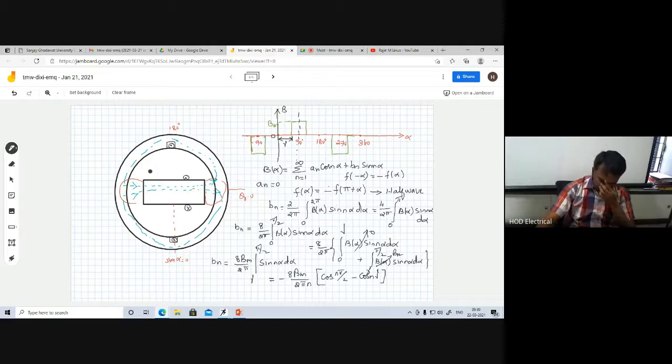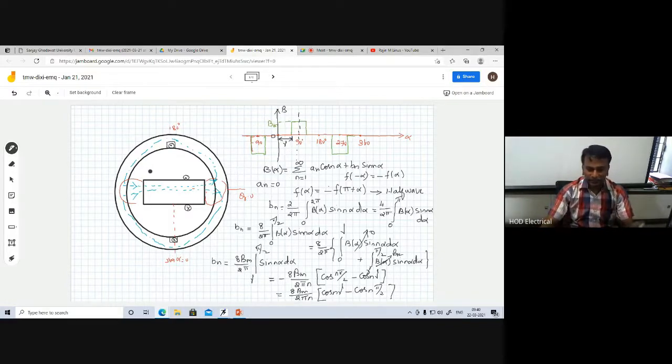If you take this minus inside, we get 8 Bm by 2 pi n into cos of n gamma minus cos n pi by 2. So this is the magnetic flux density by considering the odd function and considering the waveform half wave symmetry. Then it is symmetric about 90 degrees.